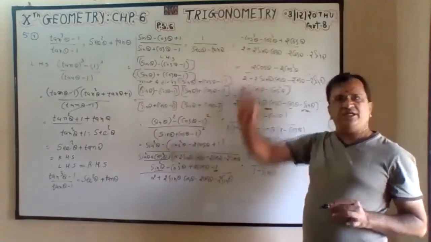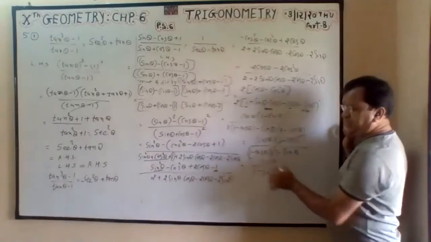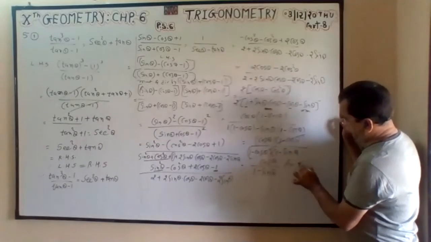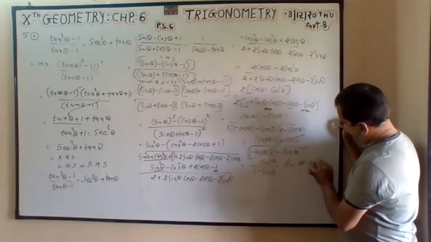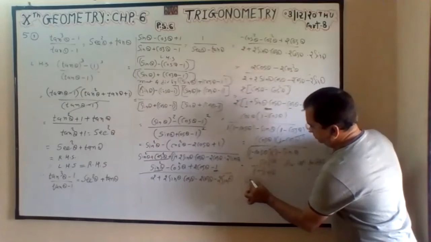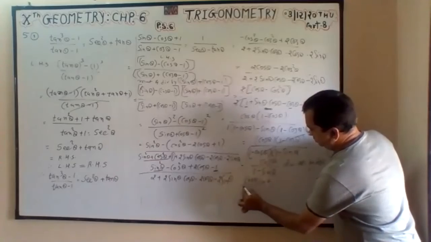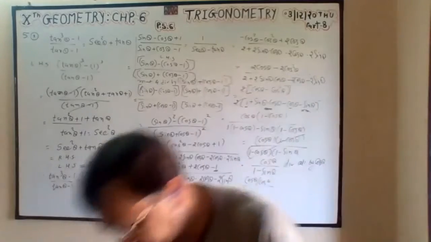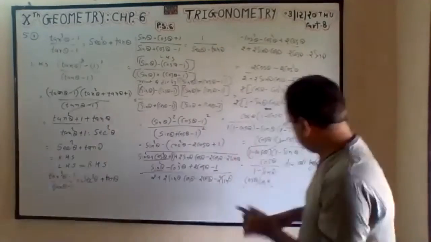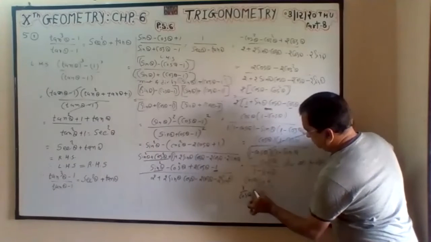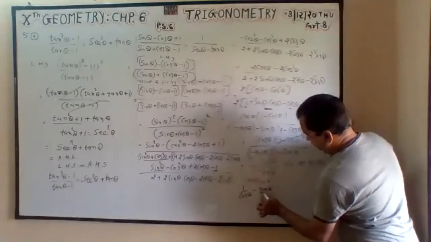Now I want 1 in the numerator. So when I will get 1 in the numerator, when it divides by cos. So divide all by cos. So cos theta by cos theta, 1 by cos theta, sin theta by cos theta.